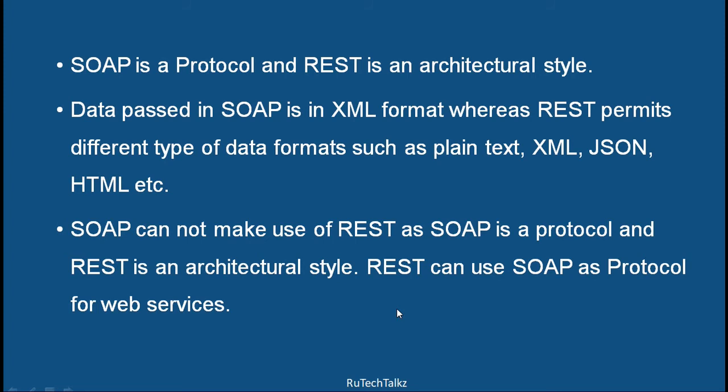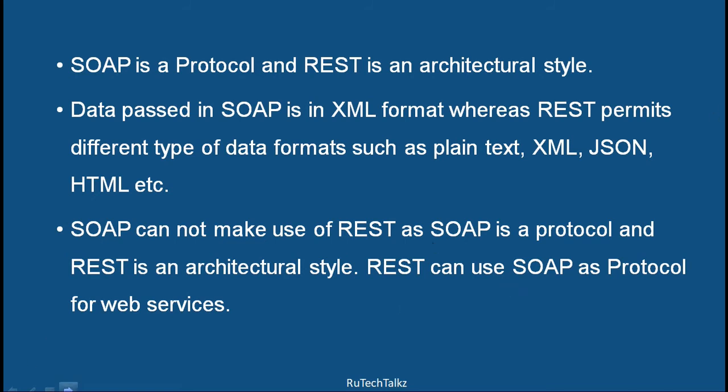Data passed in SOAP is in XML format, whereas REST permits different types of data formats such as plain text, XML, JSON, HTML, etc. SOAP cannot make use of REST as SOAP is a protocol and REST is an architectural style. But REST can use SOAP as protocol for web services.